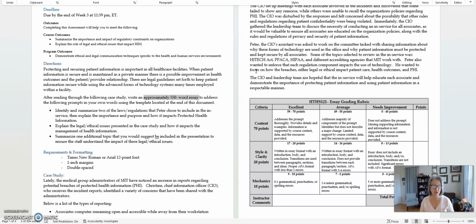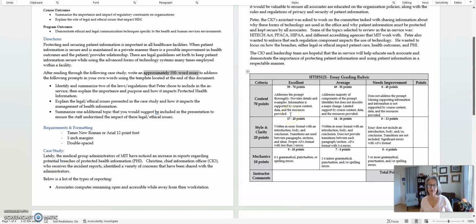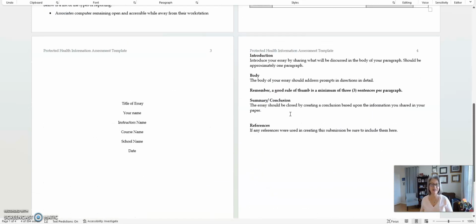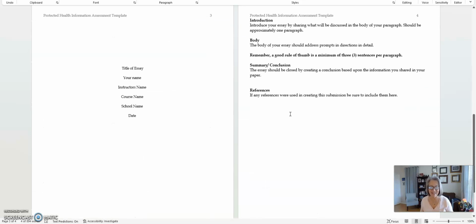Summarize 1 additional topic you would suggest to be included in the presentation to ensure that staff understand the impact of these legal and ethical issues. In the instructions, you'll find the grading rubric that I will be following as I grade your work, and also at the end, a handy dandy template for you to work with.